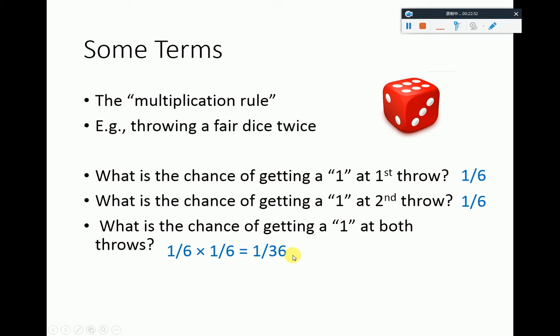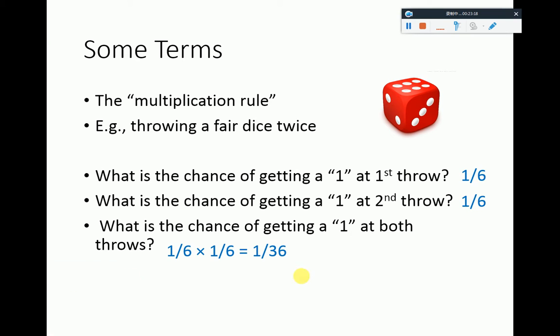There are exactly 36 combinations for throwing two dice, right? There's 1,1, 1,2, 1,3, 1,4, 1,6, so you can continue to emulate all the possibilities.